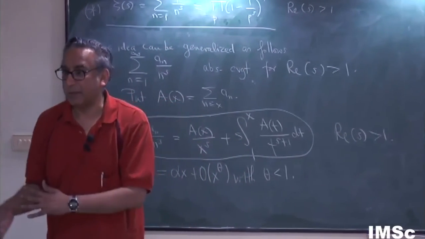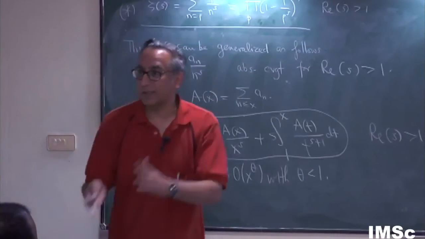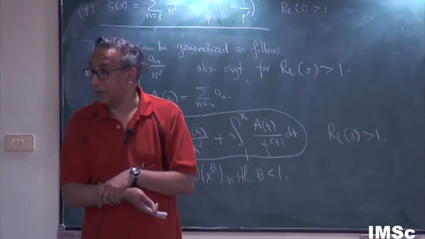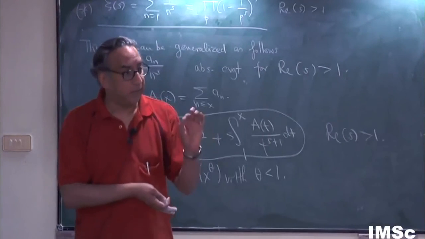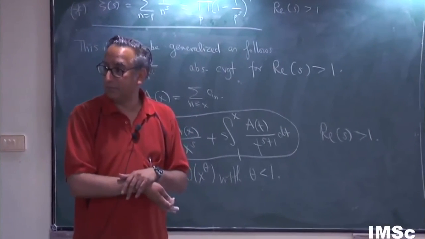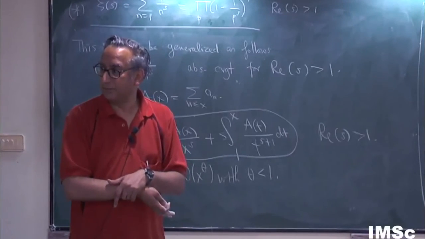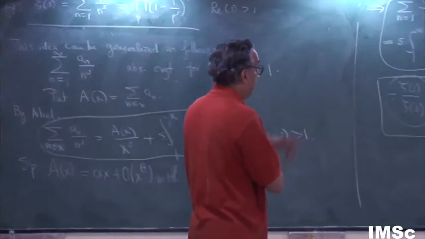Conversely, if you had an error term in the prime number theorem, it translates itself as a statement on non-vanishing of the zeta function. So Riemann was right. The behavior of the zeta function holds the secret for the distribution of prime numbers. That's the philosophy behind this.